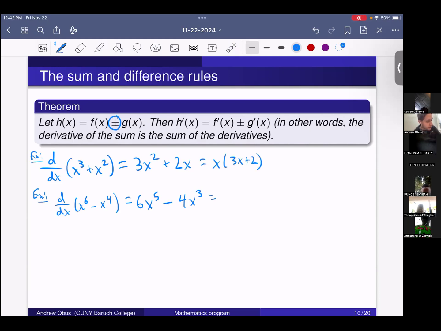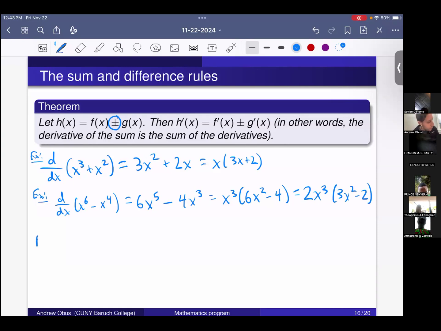Or if I want to simplify here, we could pull out an x cubed, and this would be x cubed times 6x squared minus 4. It's fine. Yeah. The last one, you got to pull out 2x cubed. Sure. You can go even further. 2x cubed times 3x squared minus 2 if you want to. Yeah, that's fine.